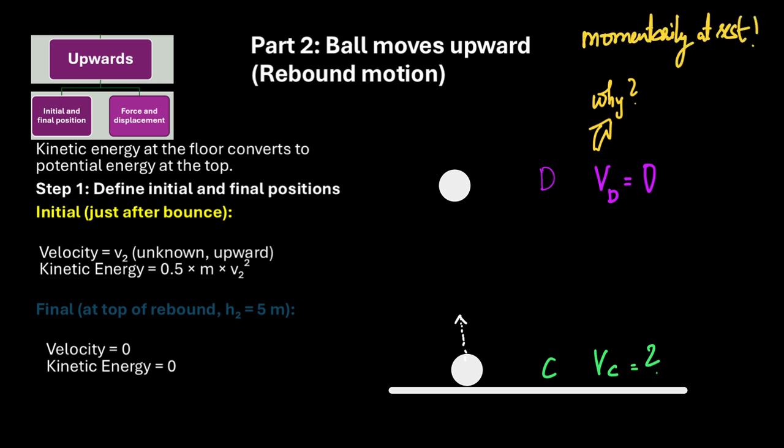Now, in the initial condition, velocity is vc, final condition velocity is vd equal to 0, right? So what will be the initial kinetic energy? It will be equal to half m into vc square. What will be the final kinetic energy? The final kinetic energy will be half m into vd square, which is 0 square, and therefore equal to 0.